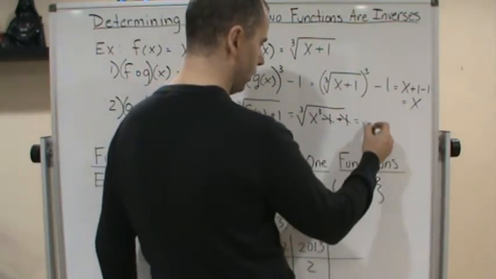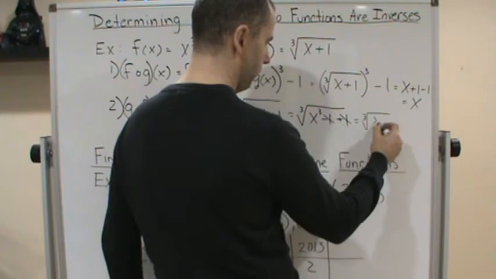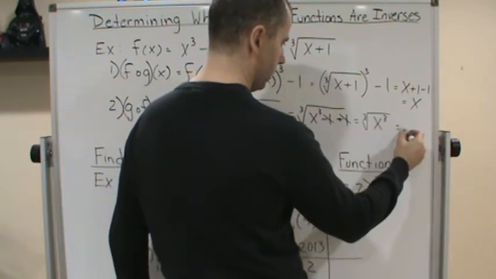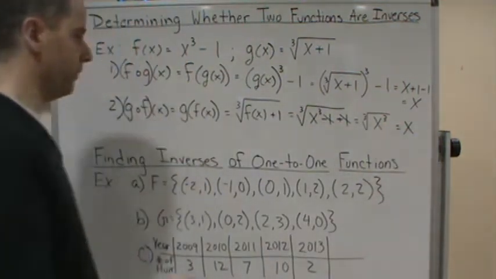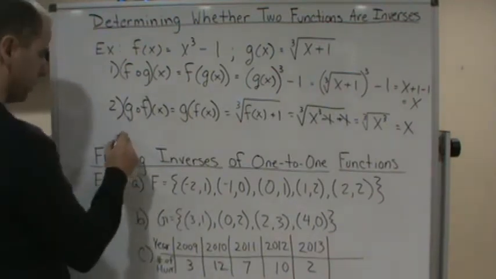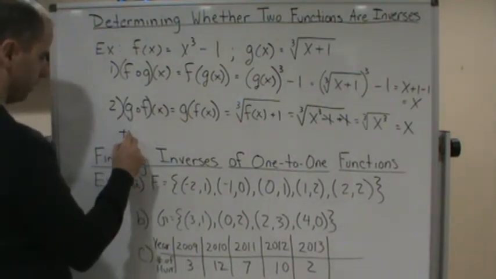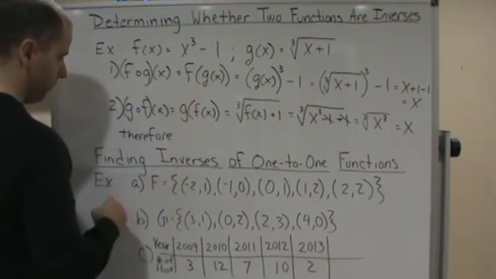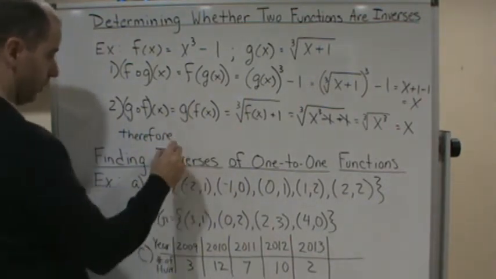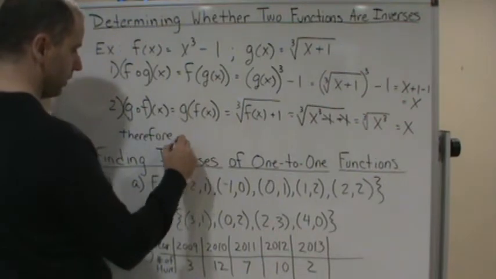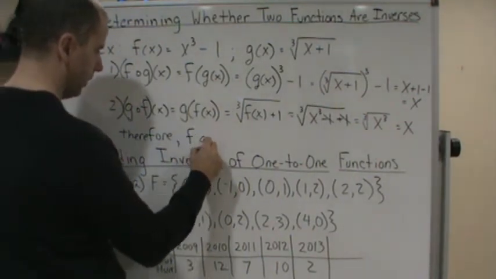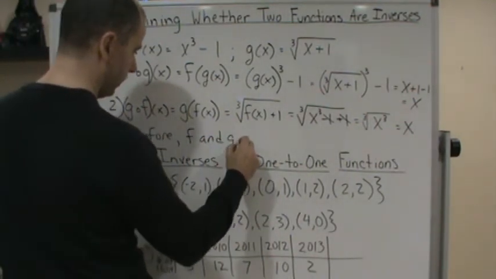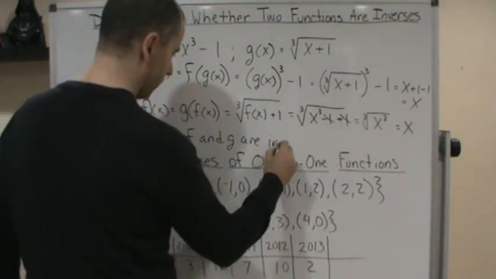I get the cube root of x cubed, which again gives me x. And so now I'm done. Therefore, by the definition of inverse functions, f and g are inverses.